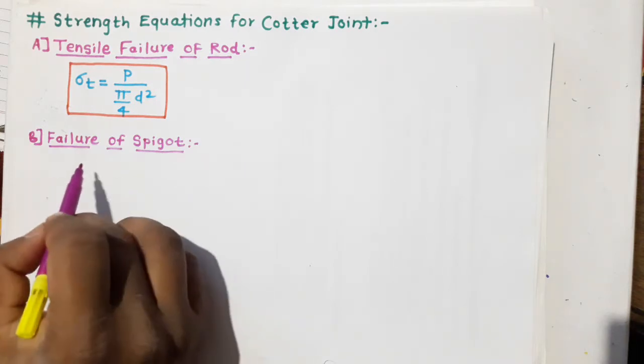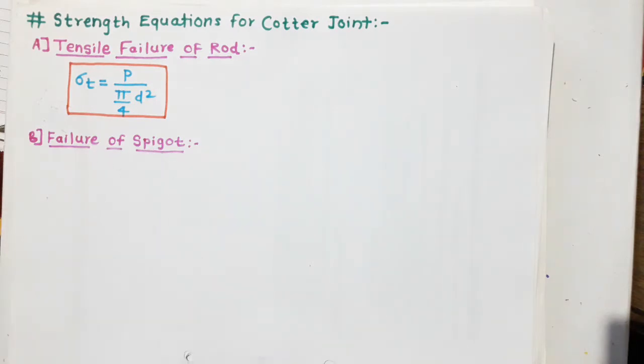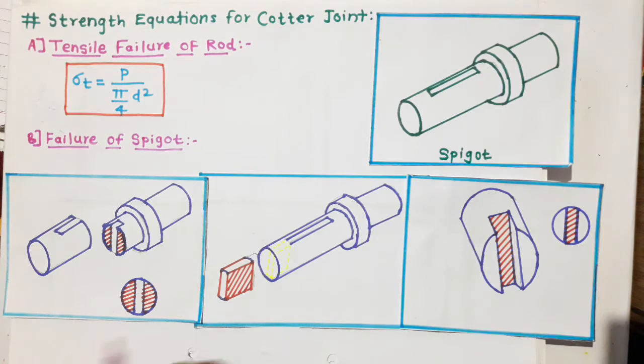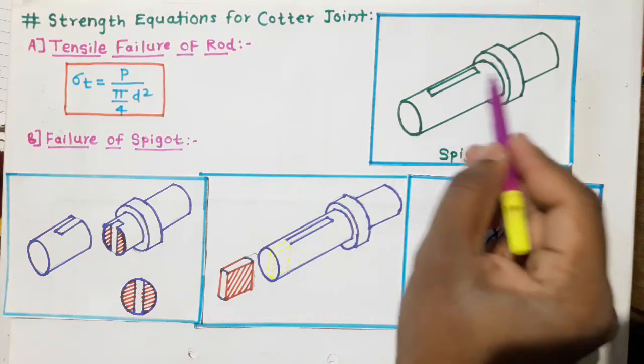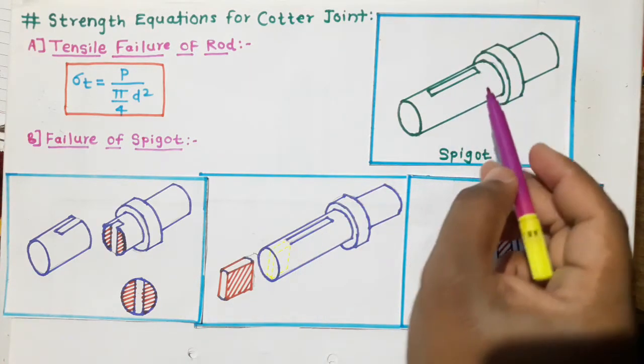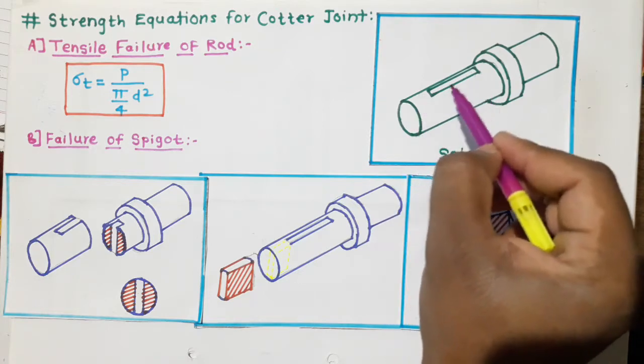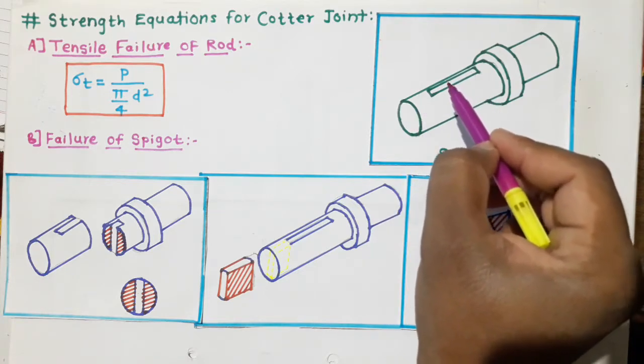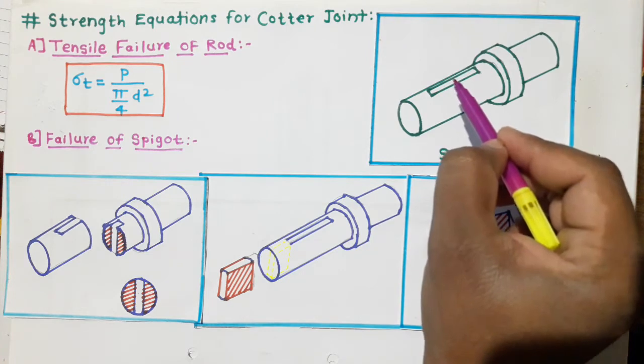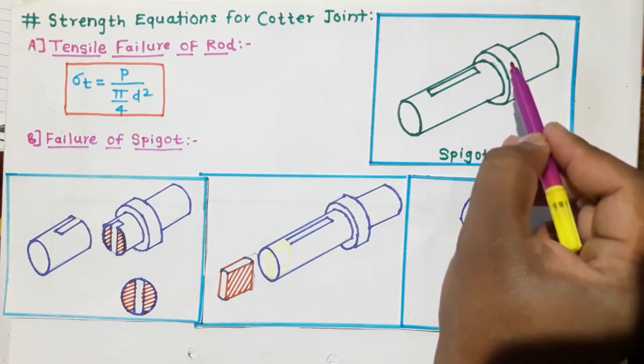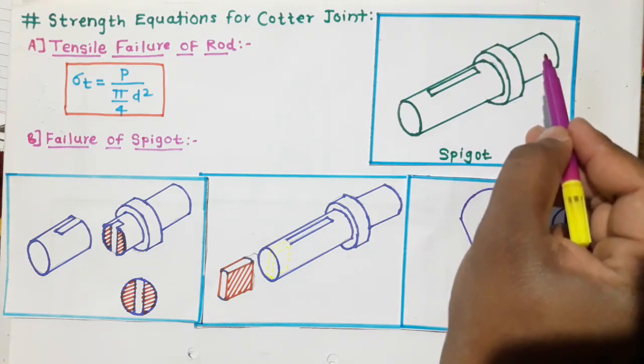Now next we have to consider the failure of spigot. So this is a spigot and it has a diameter d2. It has a slot. The thickness of the slot is small t, which is equal to the thickness of cotter. It has a collar whose diameter is d3, and at the end it has a rod whose diameter is small d.